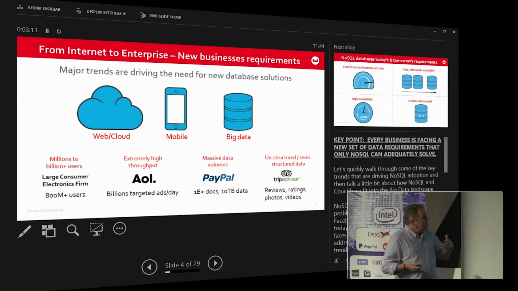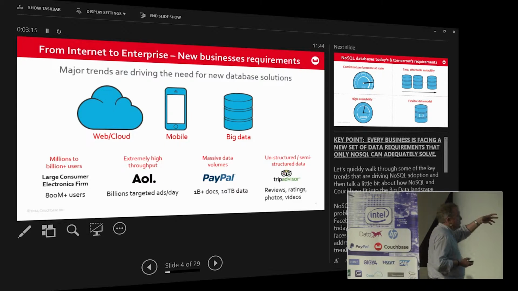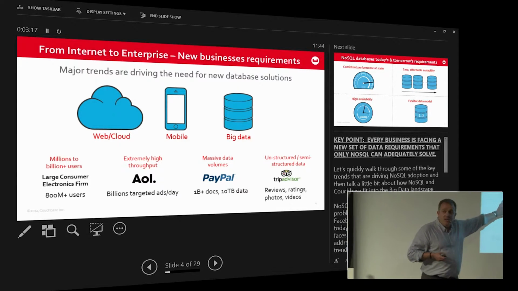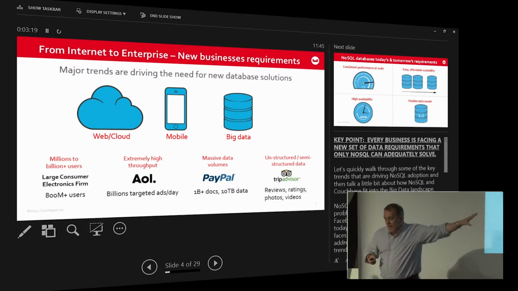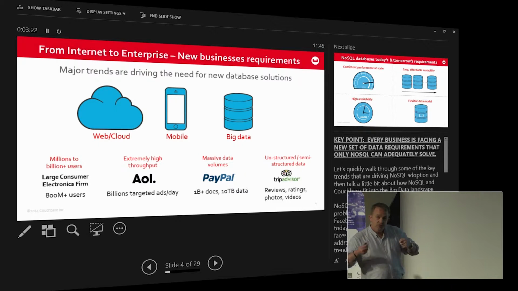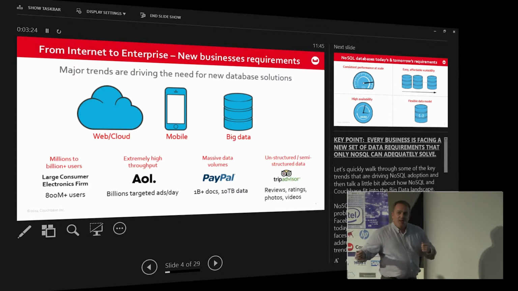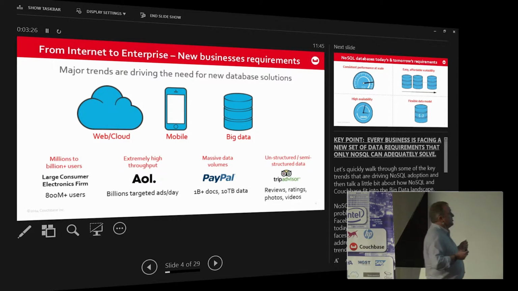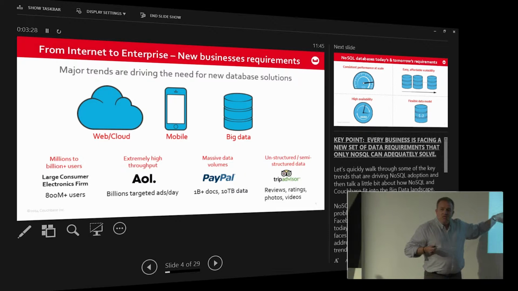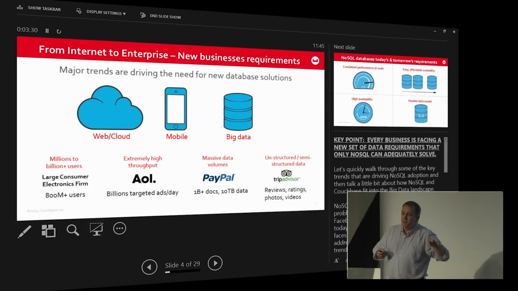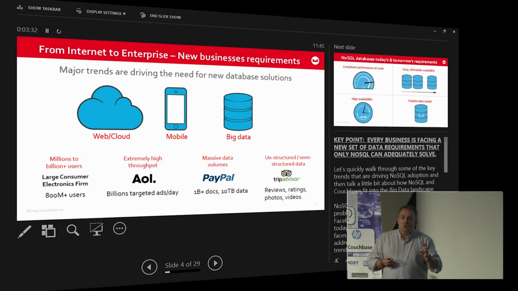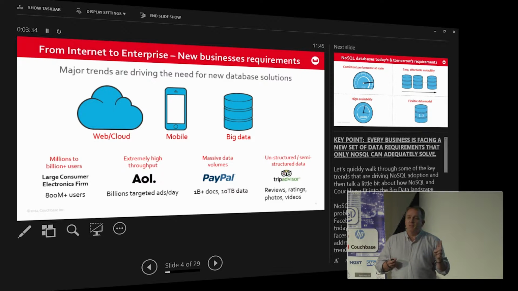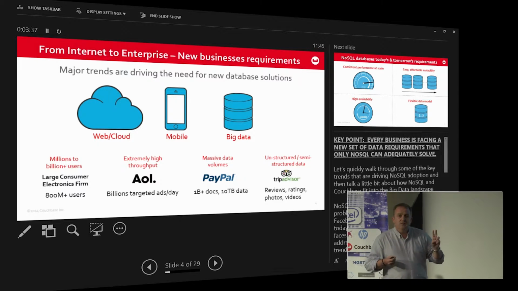Now, some of our customers are using this kind of data. We have a large consumer electronics firm whose name we're not allowed to say, but they're a fruit-based company who do watches and tablets and phones and so on and so forth. They have millions and millions of users. They're going to have 2 billion users. And this company told us that they only have 2 mission-critical applications in the whole organization.